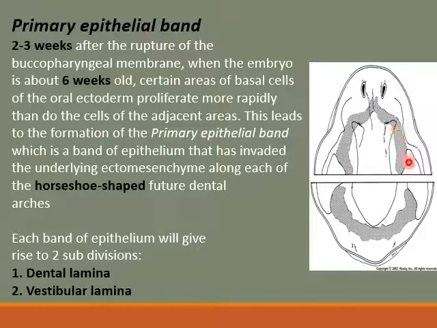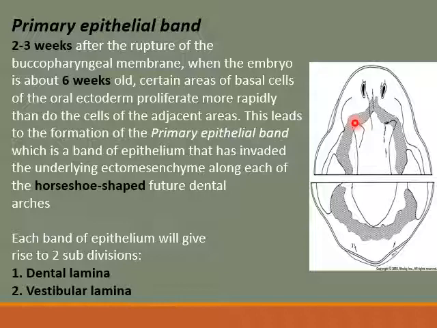This is the primary epithelial band in the upper jaw, and this is the primary epithelial band in the lower jaw. This represents the thickening in this layer of oral epithelium, and this thickening is proliferation of the basal cell layer of oral epithelium that covers the oral cavity.